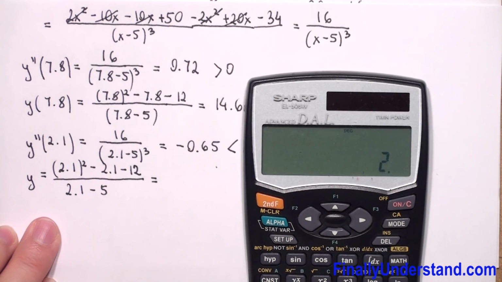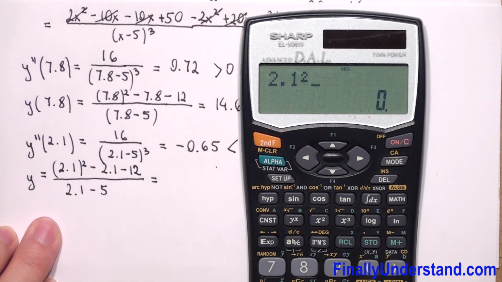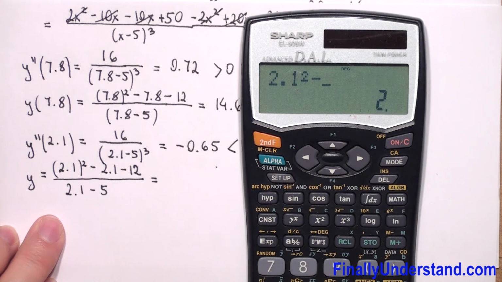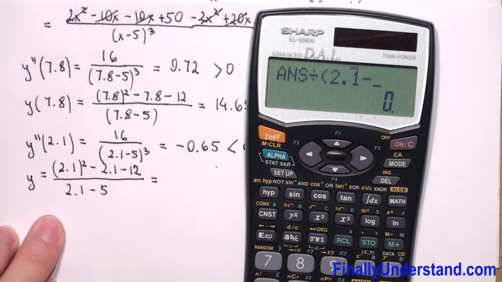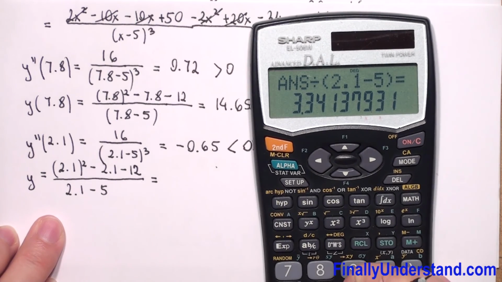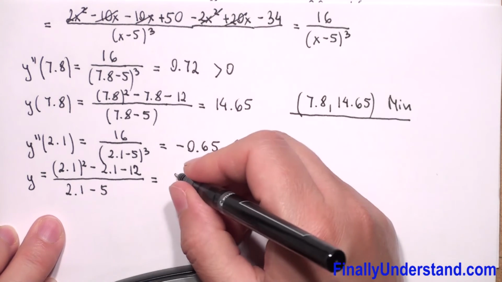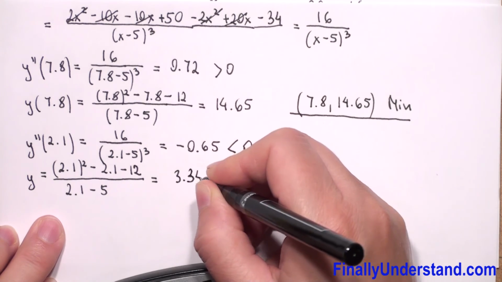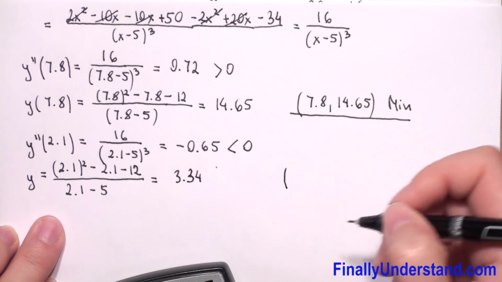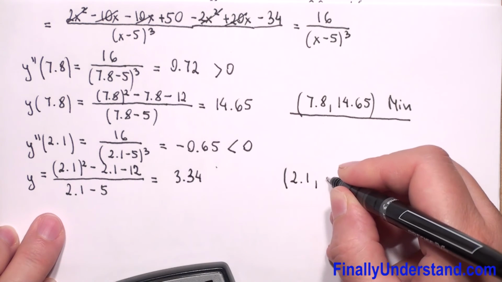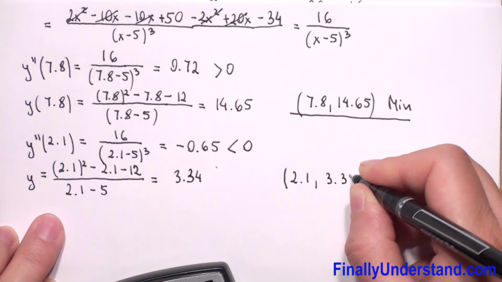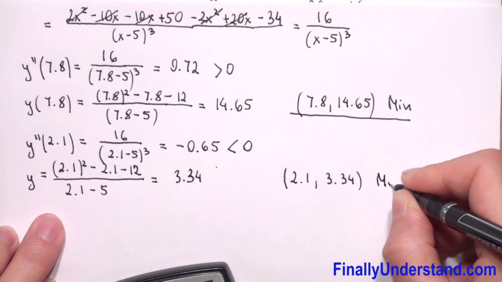We have 2.1 to the second power minus 2.1 minus 12, divided by, open parenthesis, 2.1 minus 5, close parenthesis. This is equal to 3.34. So we have our maximum point. The first coordinate is 2.1, the second is 3.34. This is our maximum.